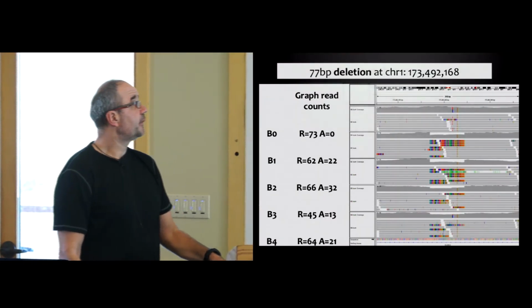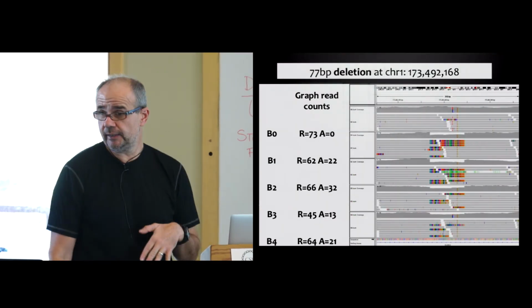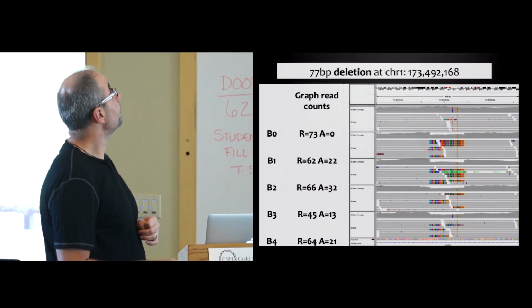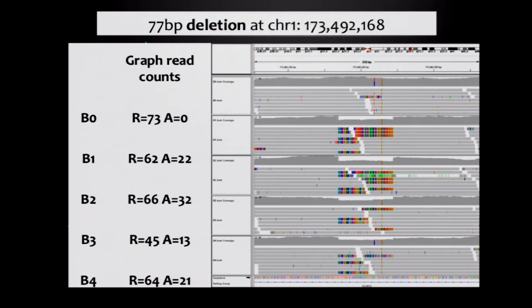This has actually been very useful, especially in this tumor sequencing project that we're doing. This is a particular 77 base pair deletion, so it falls right in that crack between the medium range indels. You can see this one here is the normal, and these are all the tumors.